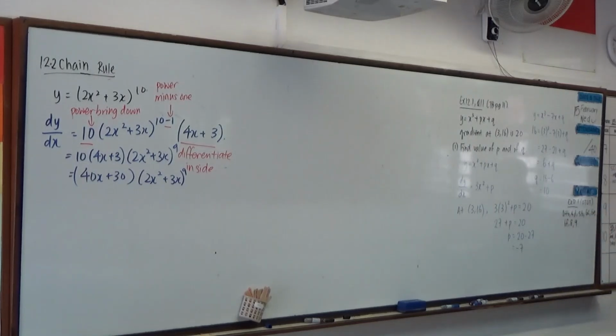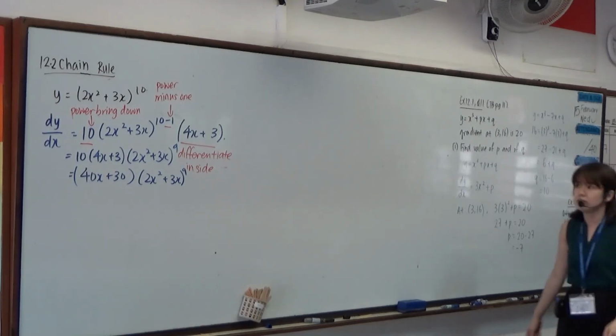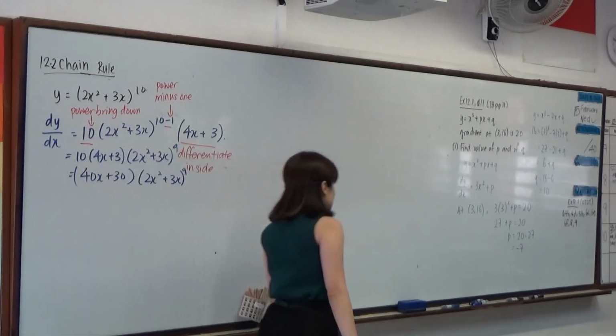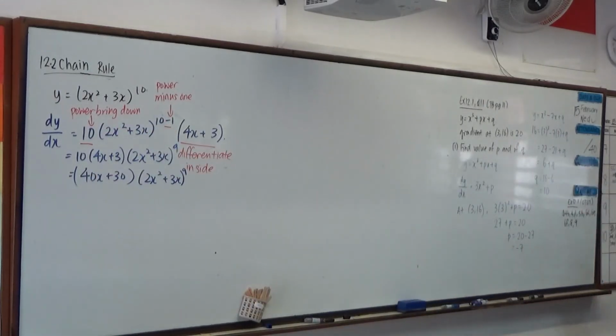Write it out very clearly in the entire algebraic generic form and all that, but I really don't see the point in trying to remember all those forms. We just need to get a routine going: power comes down, power minus 1, differentiate inside. That's all we really need to get it going.